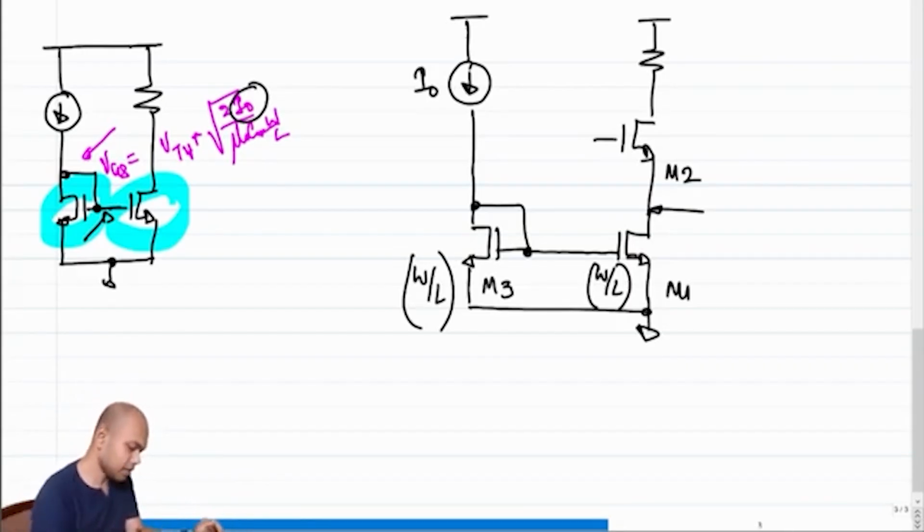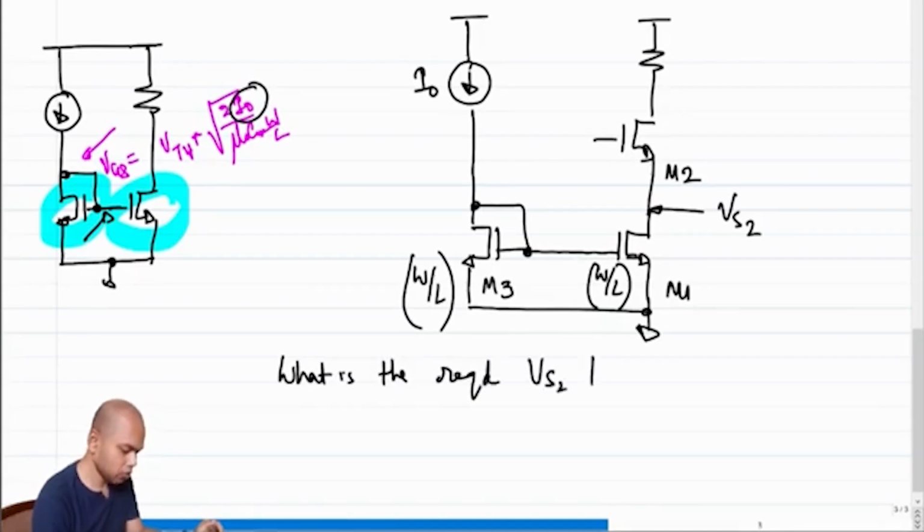What I'm asking is, what is the required VS2 to ensure perfect current mirroring?